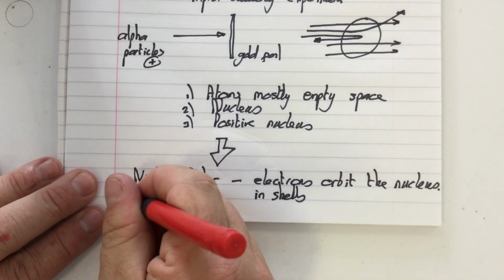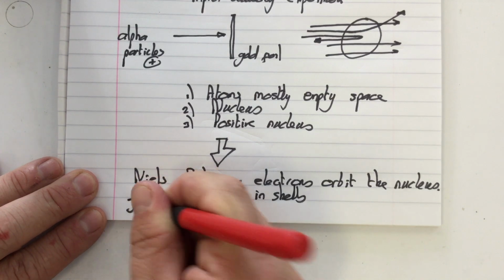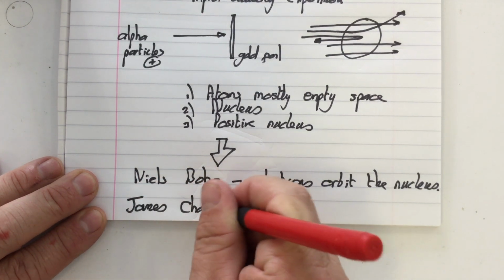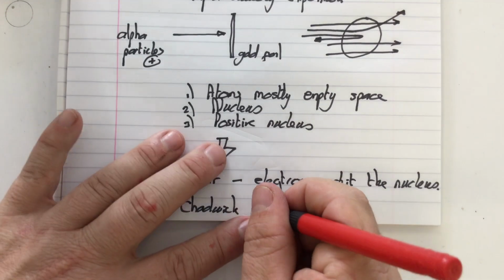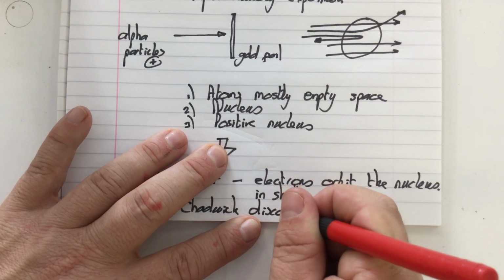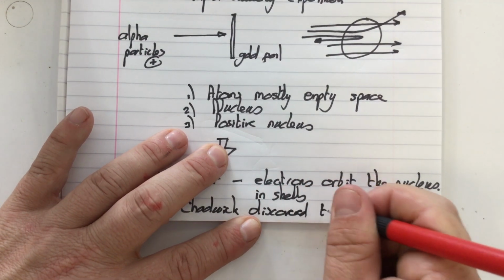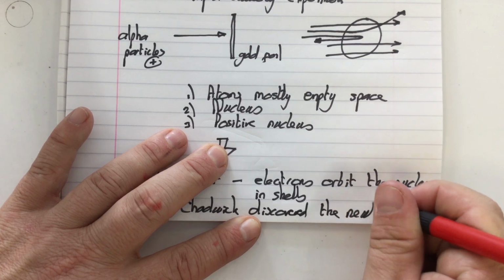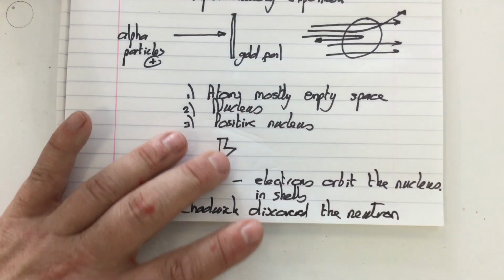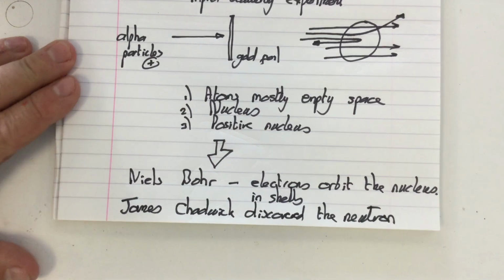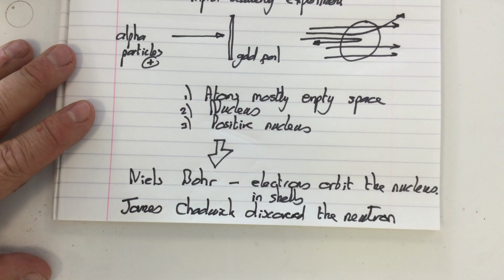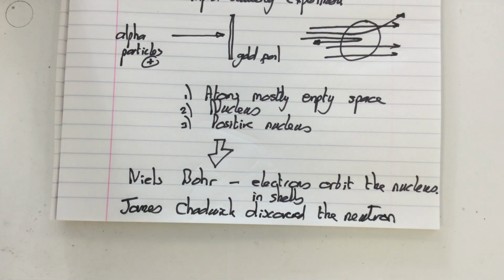And then James Chadwick discovered, do you know what he discovered? The neutron. And obviously science is still taking place, looking further and further into the atom.